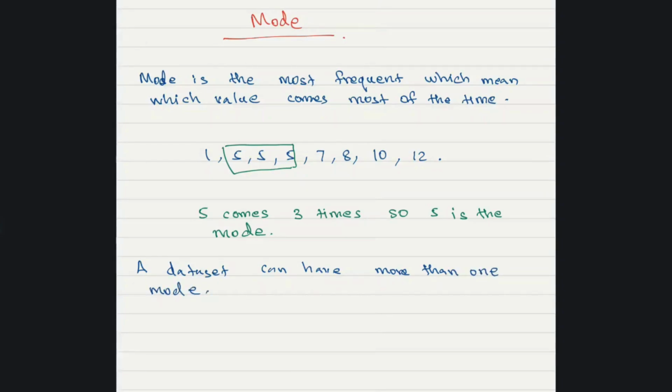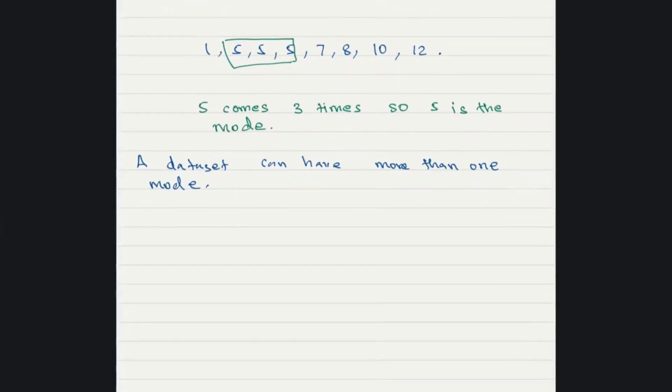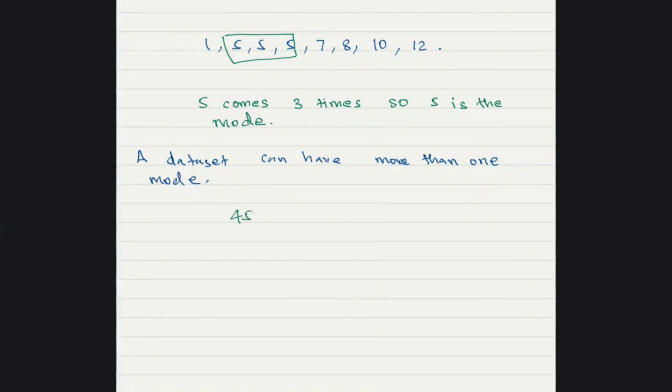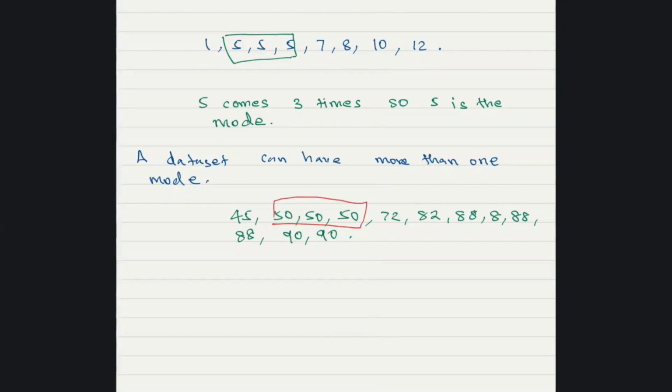For example, two numbers can appear many times, or three numbers can appear many times in a data set, like 45, 50 three times, 72, 82, 88, and 88 comes three times, like 90, 90 two times, and likewise you can have a data set.